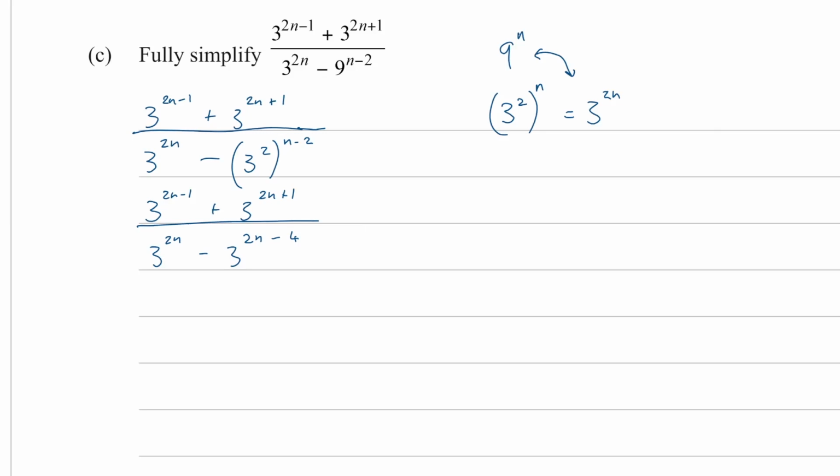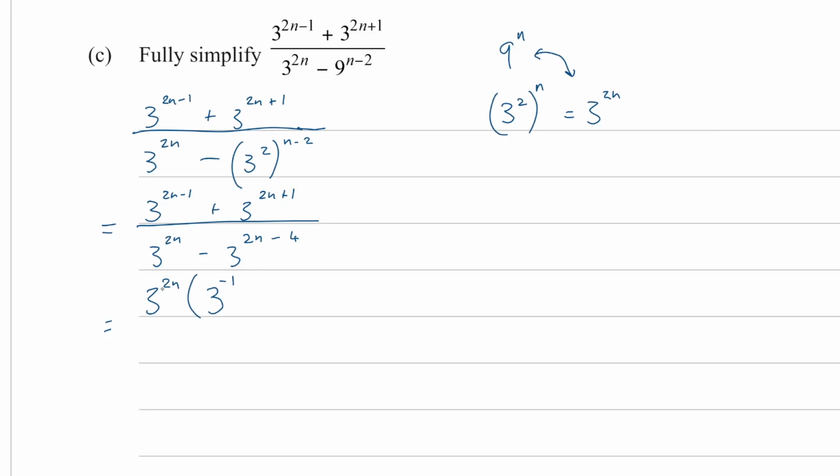So in all of these terms, I see a 3 to the power of 2n. So 3 to the power of 2n is a common factor in the numerator. And then what do we need to multiply that by to get 3 to the power of 2n minus 1? So remember, when we multiply exponents, we add the powers.